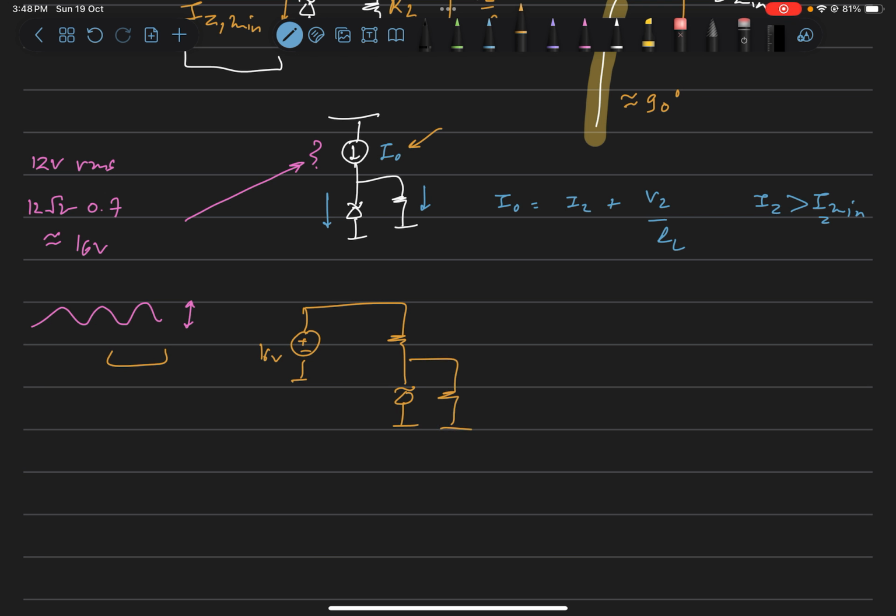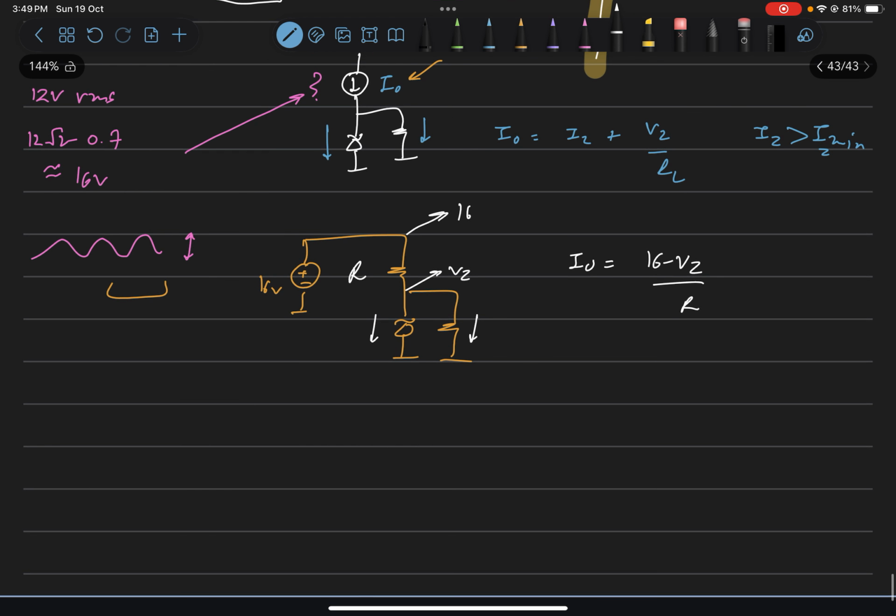So this voltage is fixed at VZ, this is 16, and this is R. So the I naught mentioned above becomes 16 minus VZ over R, and this can now support the IZ minimum as well as RL. The maximum value of IL that you can draw will be I naught minus IZ minimum.